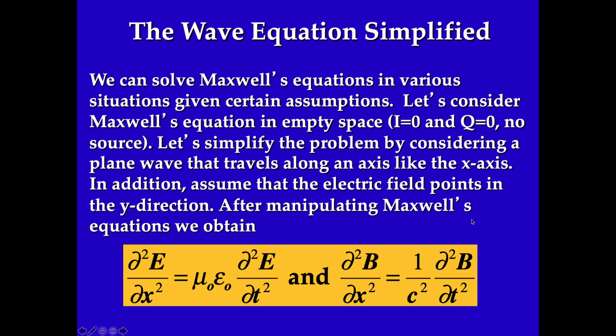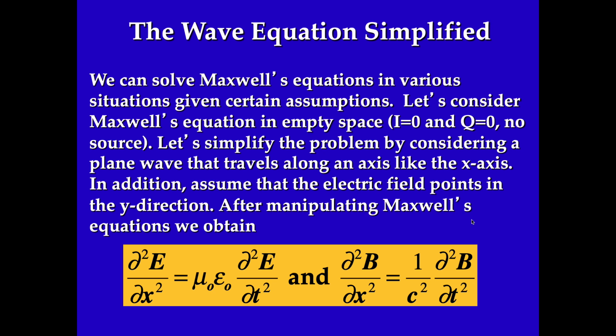Now, you can solve Maxwell's equations for different cases. For the case where I is 0 and Q is 0, in other words, the sources are really far away, you can manipulate Maxwell's equations to get the two equations that you see at the bottom. Those are in one dimension.